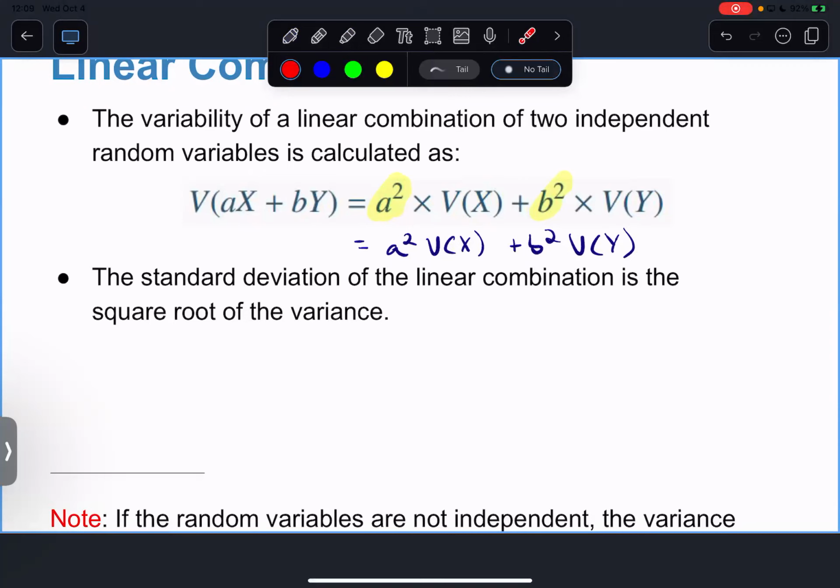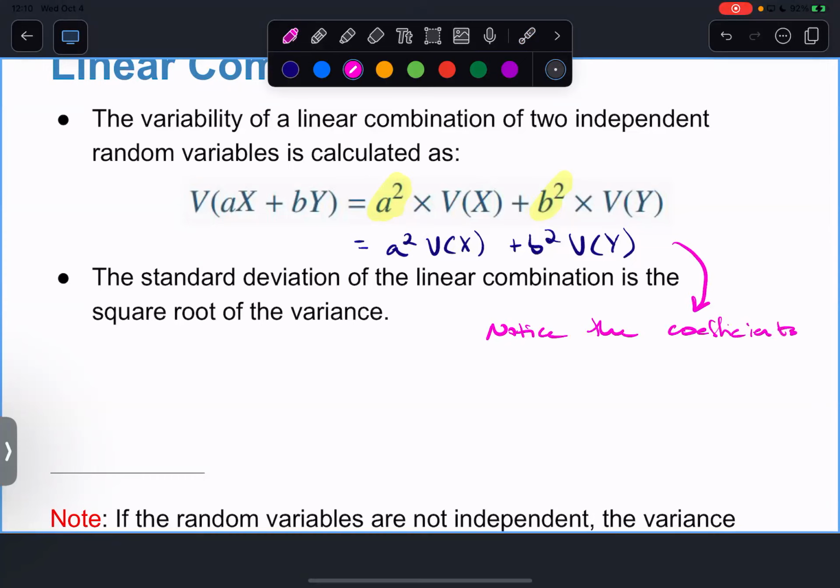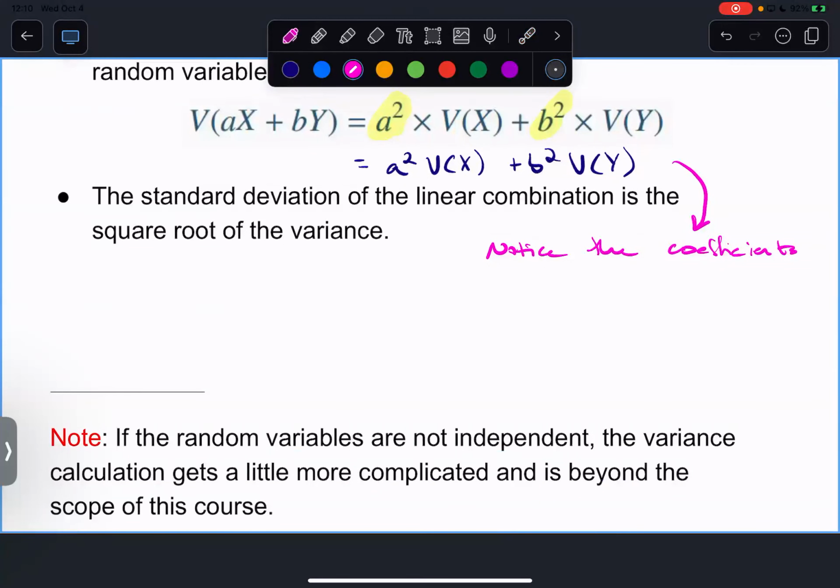Of course, once you have this overall variance, you can take the square root and that's the standard deviation, right? And so notice the coefficients square, and this is gonna probably trip you up because it always does.